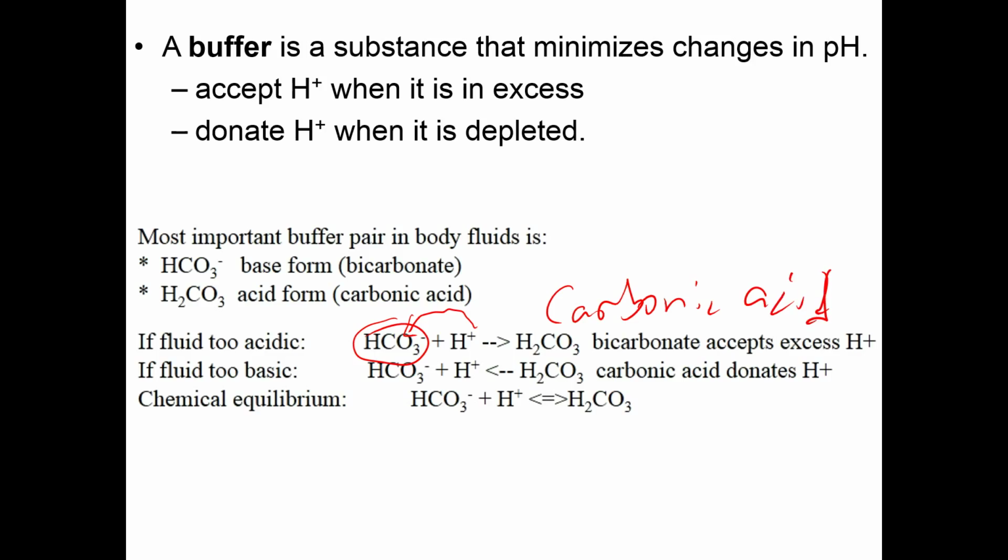This is so that the pH of the blood would go back to normal. So the bicarbonate ions pick up excess protons to form carbonic acid.